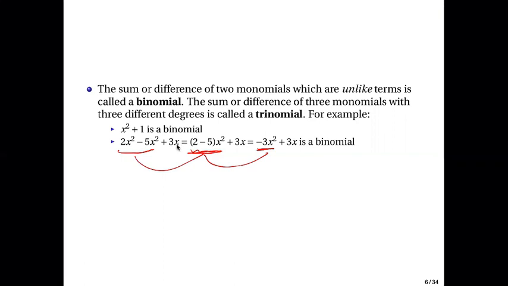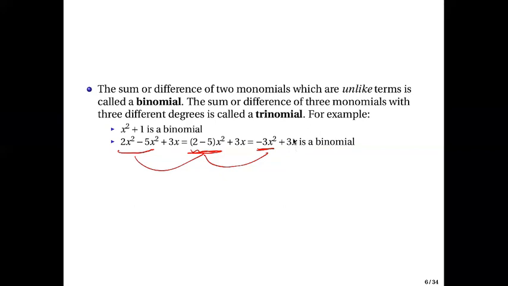The monomial here, 3x, has degree 1. So you cannot combine this with these two. You'll just copy that 3x. So if you simplify 2x squared minus 5x squared plus 3x, you'll just get minus 3x squared plus 3x.